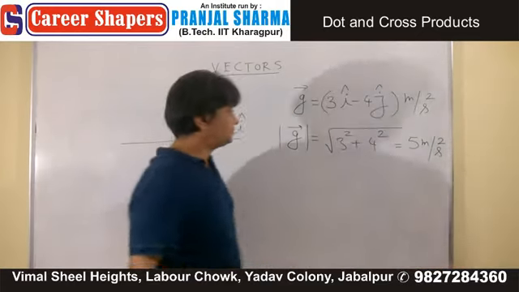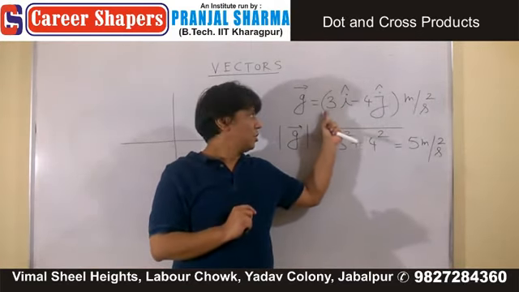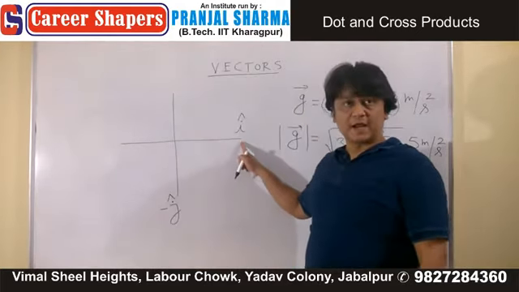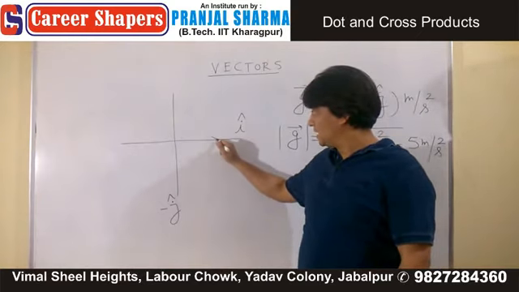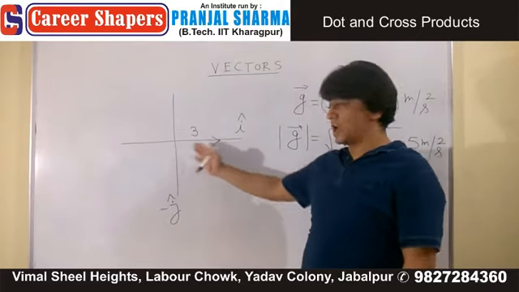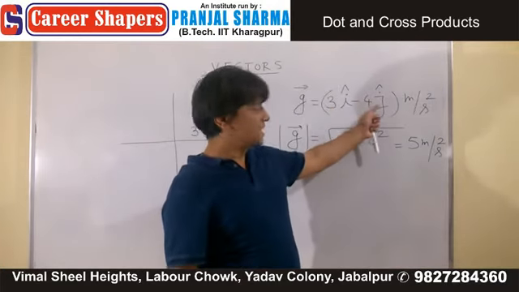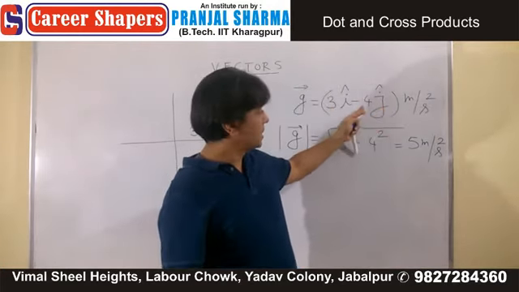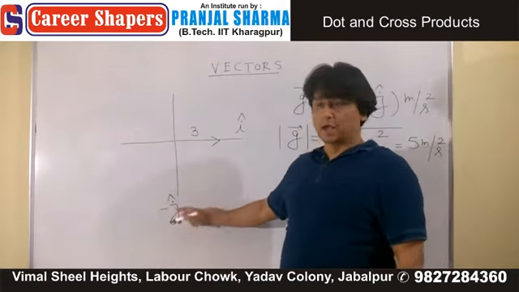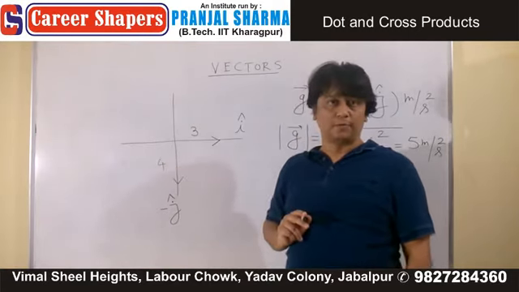Then, for I cap, draw an arrow of length 3. Towards the I cap, draw an arrow of length 3. Roughly we draw an arrow, its length is 3. Similarly, towards minus j cap, you will draw an arrow of length 4.